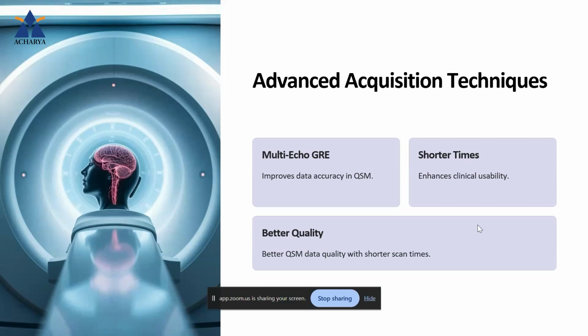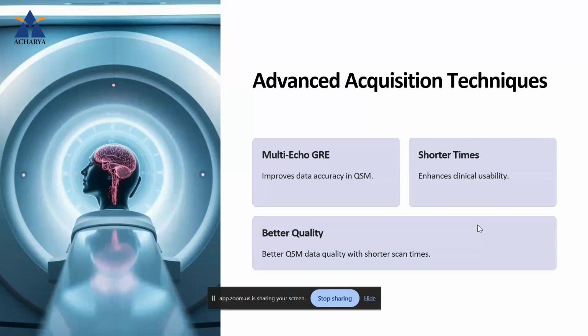So it acquires multiple images at different time points. To improve the accuracy and the efficiency of the QSM, we require these advanced acquisition techniques, right? So we are having these multi-echo GRE sequences.